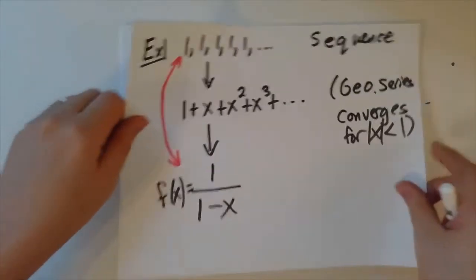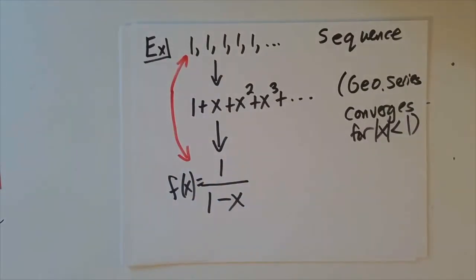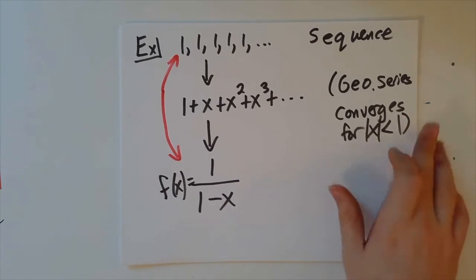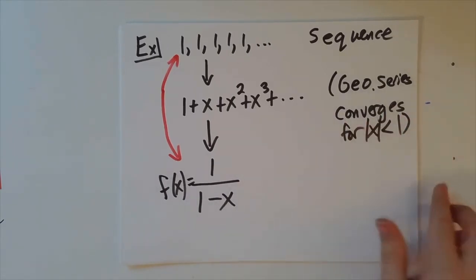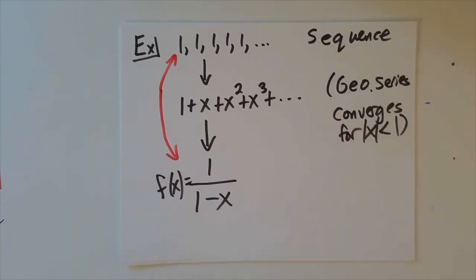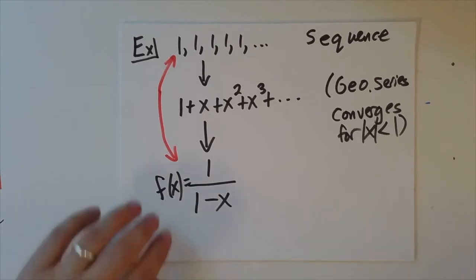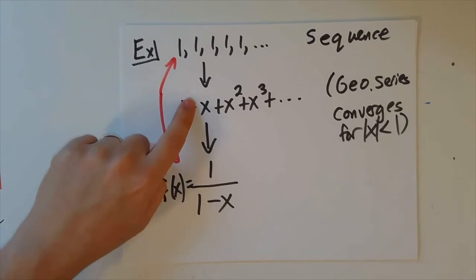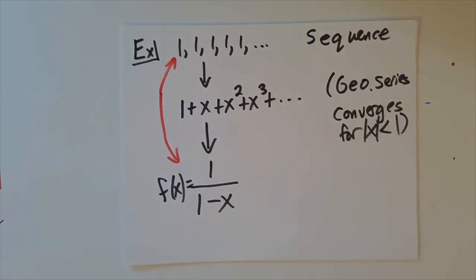And the answer is actually going to come back to this one. In fact, almost everything we're going to do with power series in this course is going to come back to this specific power series. And so here's one thing you might do. You might say, okay, I've got the sequence that corresponds to 1 plus x plus x squared plus x cubed plus blah, blah, blah.